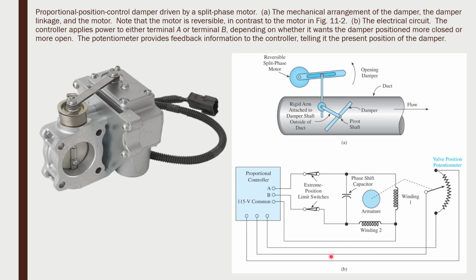So in that particular case, we have a reversible motor, and we accomplish reversing by whether we're supplying power to this winding first or this winding first. We'll talk about split shift capacitors and split phase motors later when we talk more about motors, but we can reverse a motor by how we apply the power to the windings for direction.